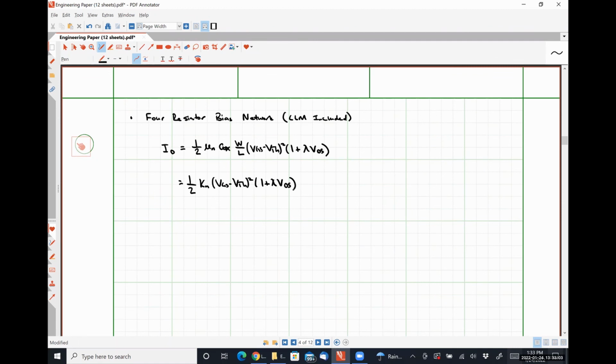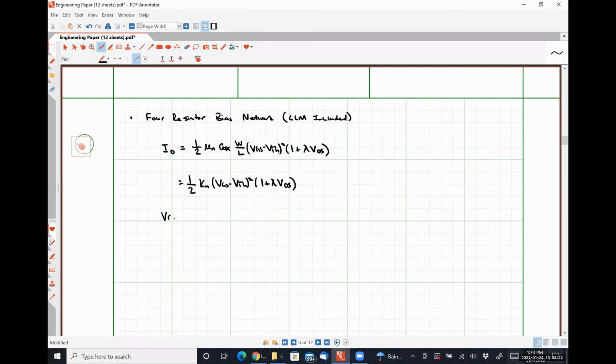So if we apply Kirchhoff's voltage law to the bottom loop of our circuit, this is effectively just the exact same VGS relationship we had in triode region. We're just going to use the different value of ID.